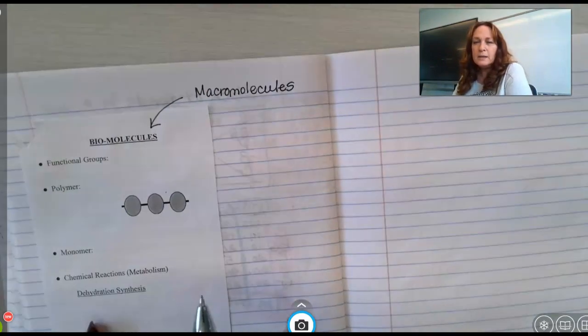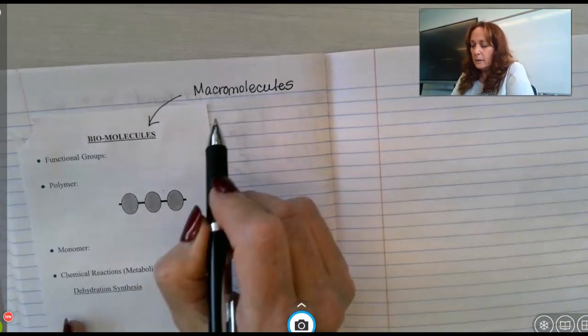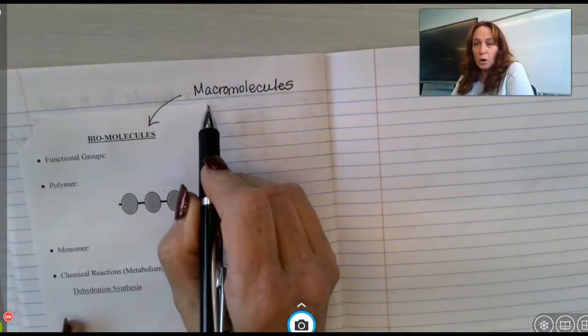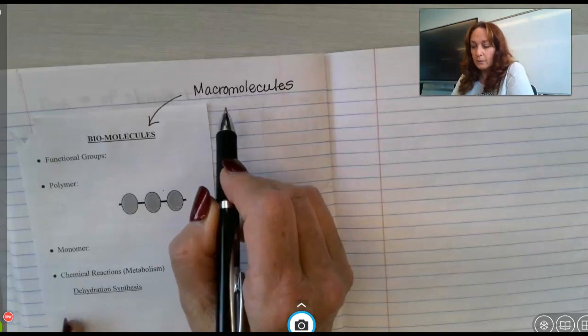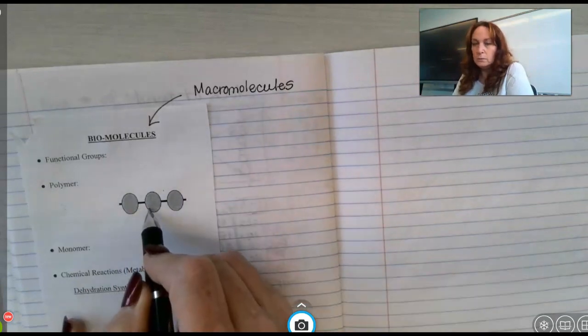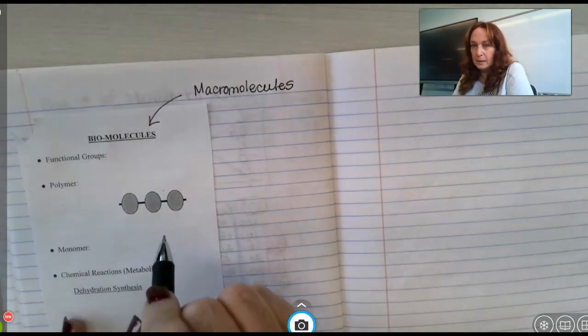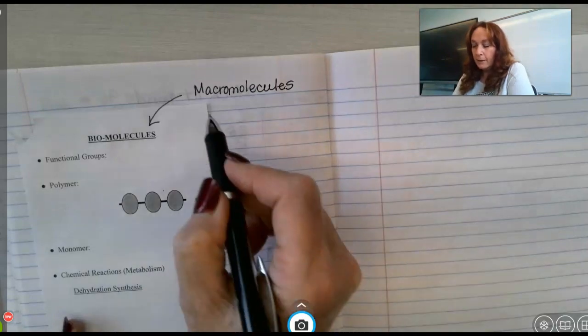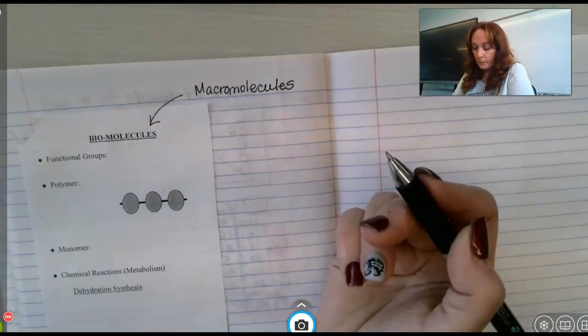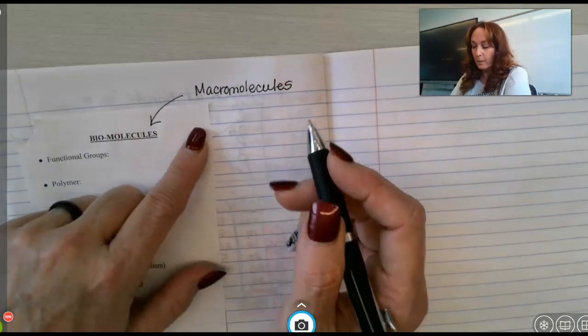The reason is that these are large molecules made up of individual smaller pieces. So for macromolecules, we can list what we're talking about.